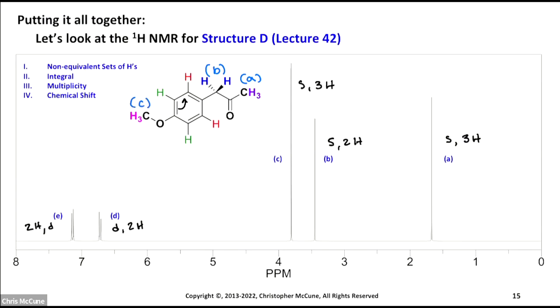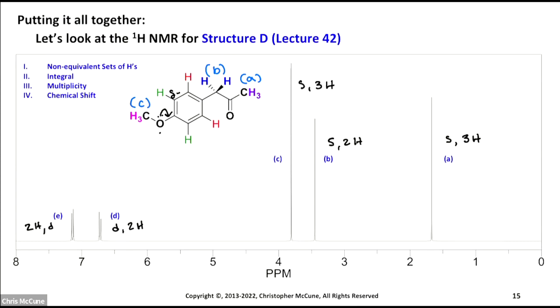And then if you think about the other 2 hydrogens, E and D, one of them is closer to an electron withdrawing carbonyl than the other. So the H's next to this carbon are closer to the carbonyl than these hydrogens. Also, if you push in electrons here, you can make that carbon delta minus through resonance.